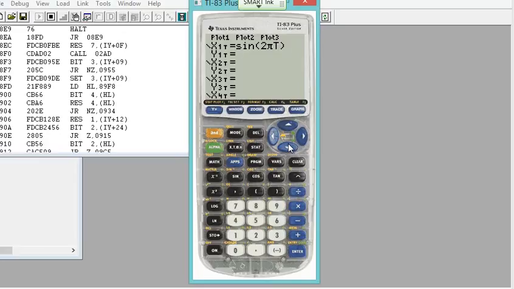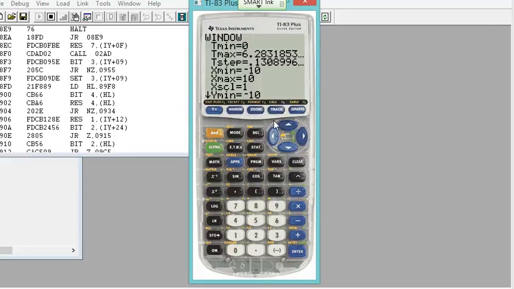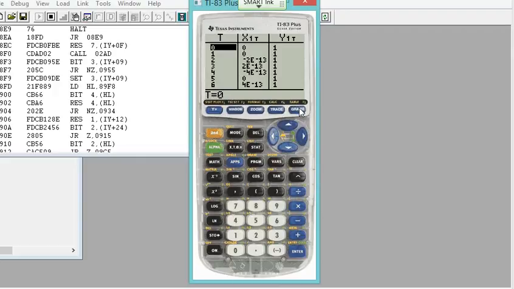Then for y, I'm going to plug in cosine of 2 pi times t. Then I'm going to go to window, and we're going to go from 0 to 1, right? And I'm going to make the step like 0.1. I'll make it small. Or no, let's do 0.25, because that's what I have in my table of values. So now if I hit second table, I'll get the answers that I'm looking for.